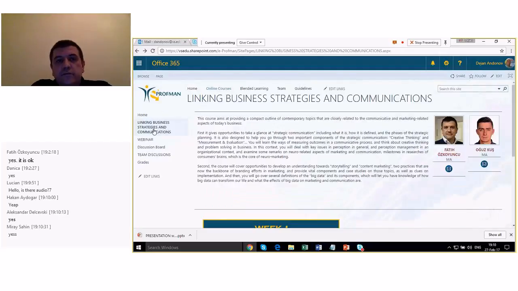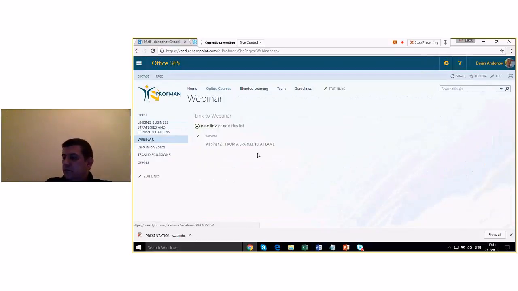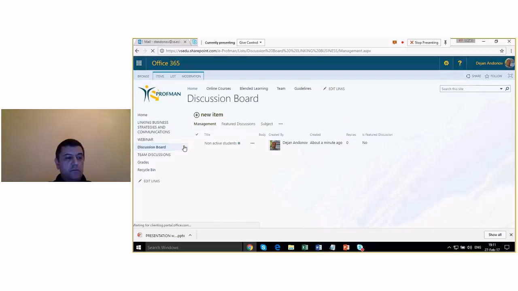grades. On the left-hand menu, you can see the same buttons. It is to be easier for navigation. Also on the webinar, you will find the link to the webinar and all recorded webinars.